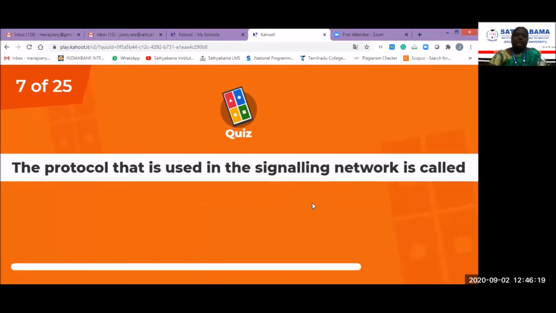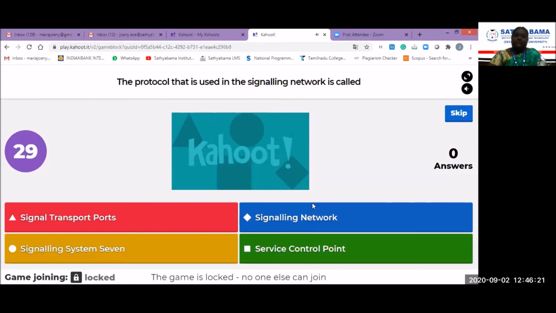The protocol that is used in the signaling network is called. This we had already learned.